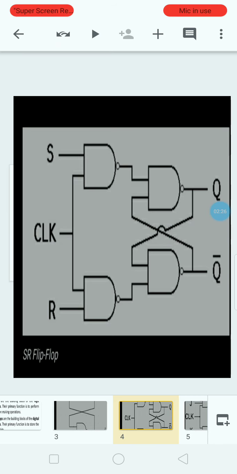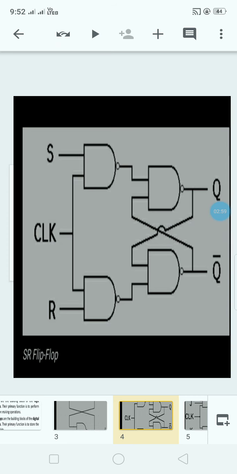Now, SR flip-flop. There are majorly 4 types of flip-flops, with the most common one being the SR flip-flop. The simple flip-flop circuit has a set input S and a reset input R. In this circuit, when you set S as active, the output Q would be high and Q complement will be low.